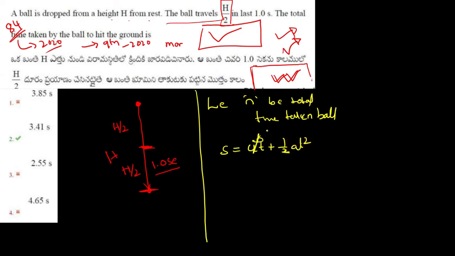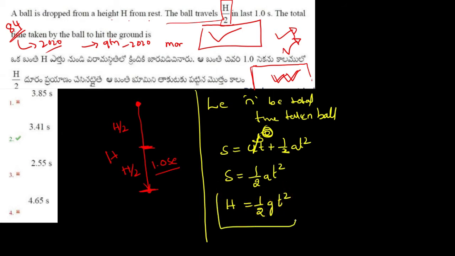Here u is 0 because it is a freely falling body, so the initial velocity is 0. Now s is equal to half at square, where s is equal to h and a is equal to g. So h is equal to half gt square. Let this be equation number 1.